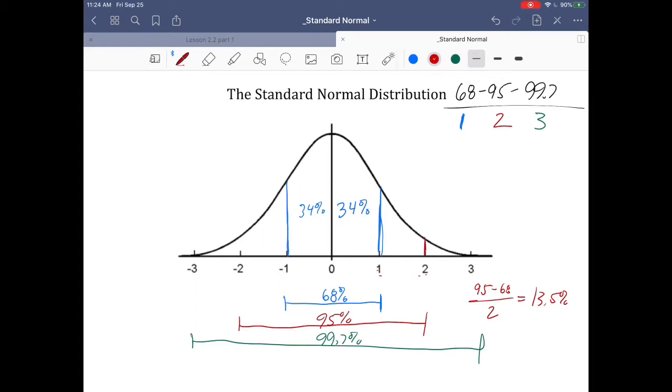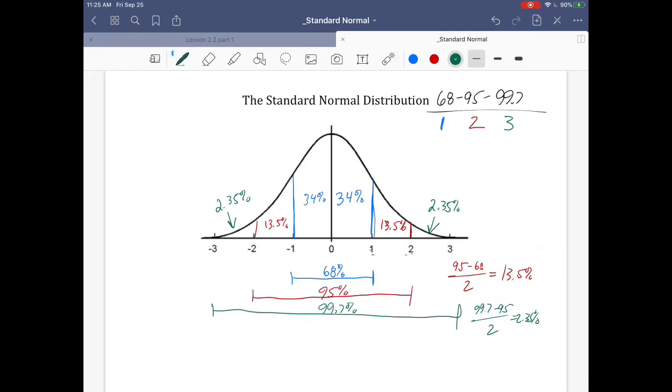So we've got 13.5% here and 13.5% down here. How much falls within 2 and 3? So we would then do 99.7 minus 95 over 2. 2.35%. And 2.35% here.